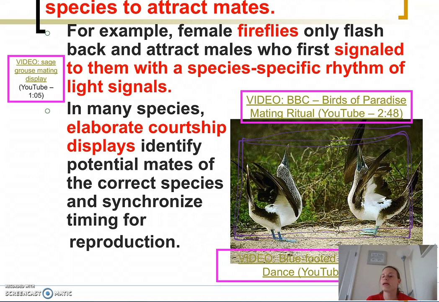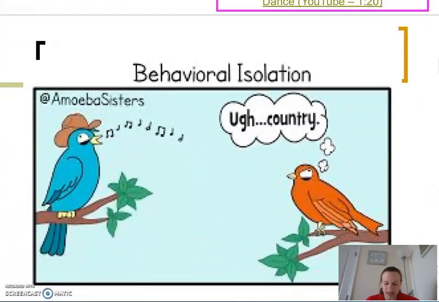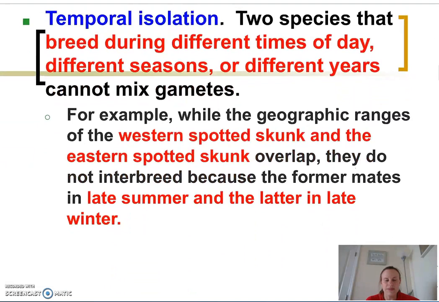They can't mate with a red-footed booby because the mating dance will only be recognized by other blue-footed boobies. The birds of paradise does a specific mating dance where only other birds of paradise belonging to the same species will recognize and respond to that mating dance.